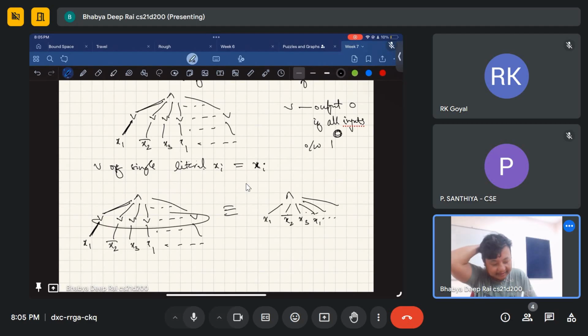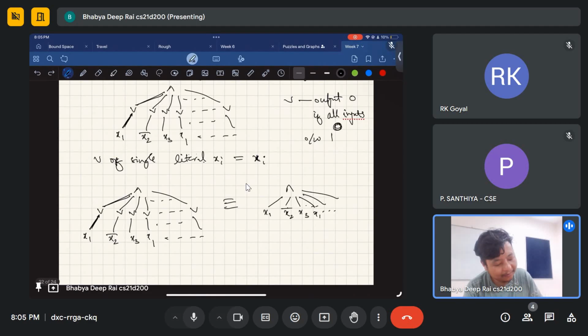Just remove this and pull the literals up, because the OR was not affecting the computation. So what do we get? We just get a single AND, and this is easy to compute, right?